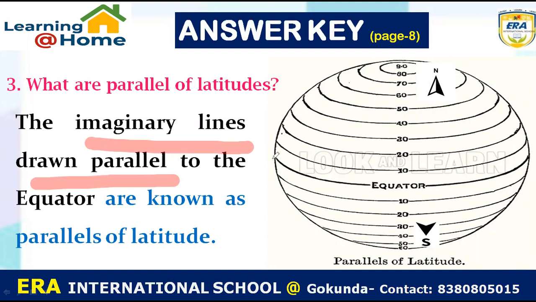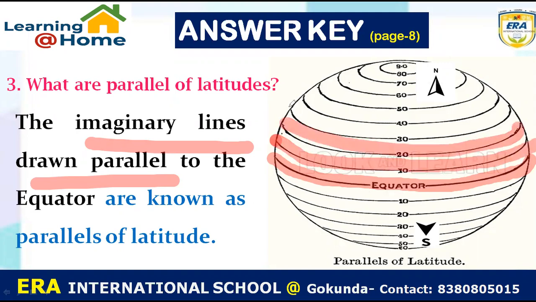So this is our main line, that is the equator, imaginary center, and as the equator there are imaginary lines drawn parallel to the equator. So this is line 1, this is line 2, this is line 3. These lines are parallel to the equator. So these lines are called parallels of latitude. Understand everybody?